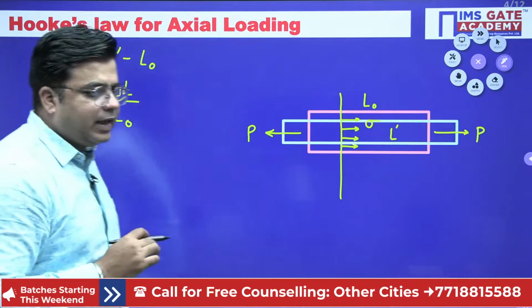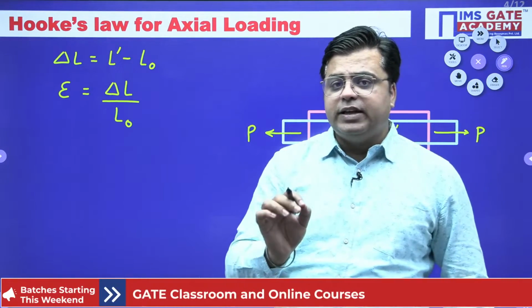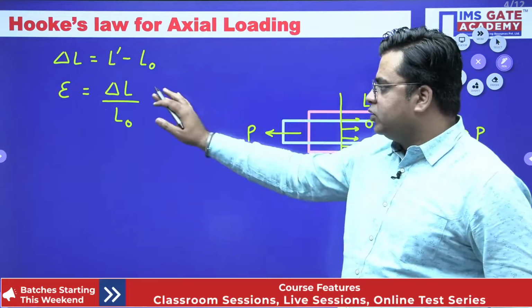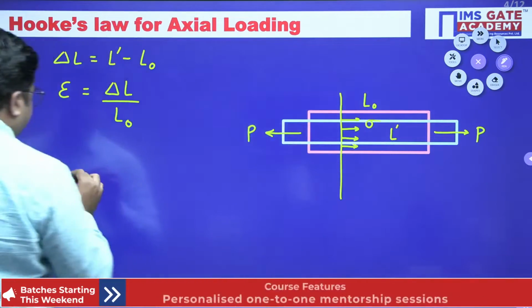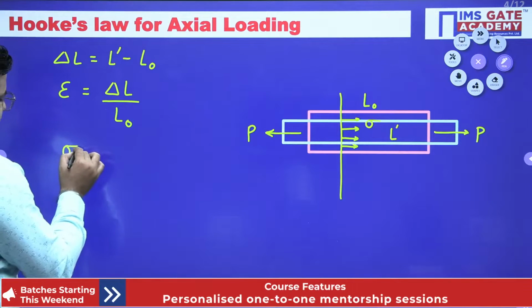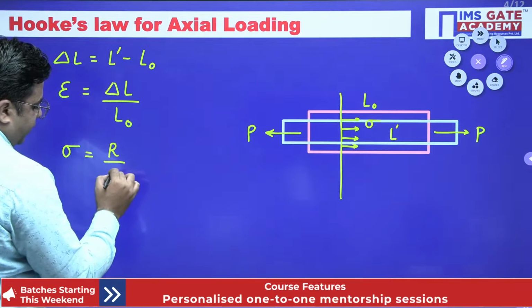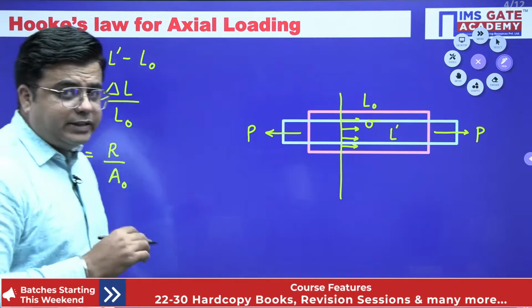In our entire analysis of strength of material, we will be using engineering strain only. We will not be using actual strain. So this is your engineering strain that is calculated. Similarly, your engineering stress sigma is equal to the internal resisting force divided by the original area. So this is again engineering stress.